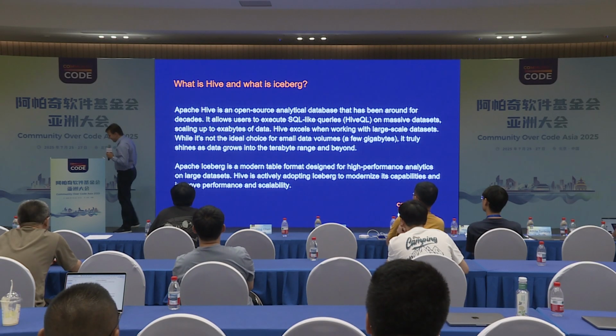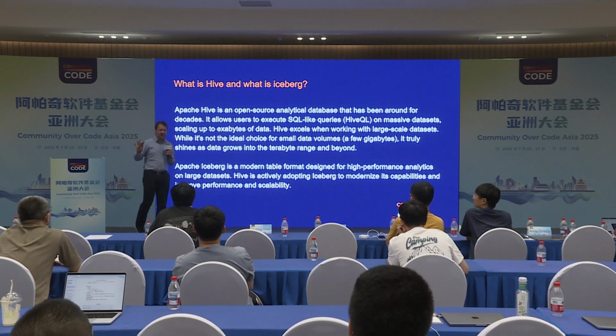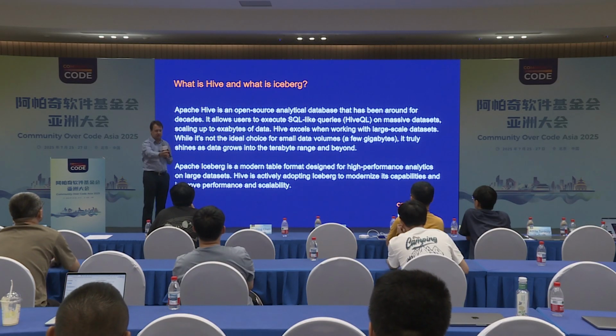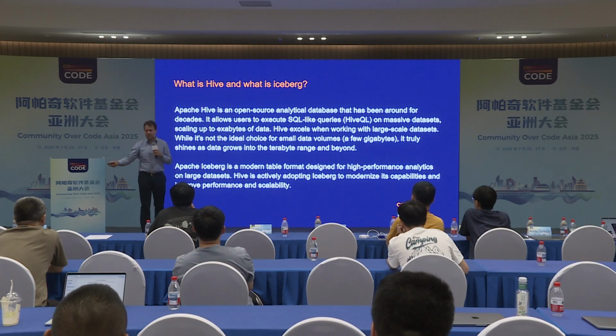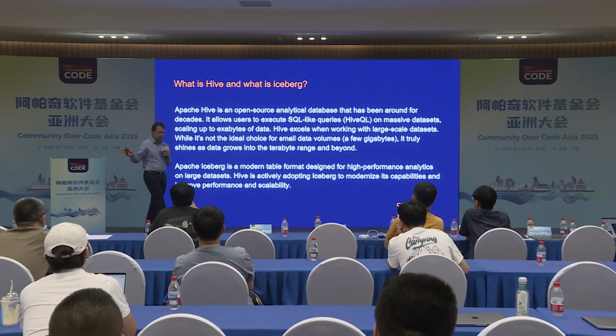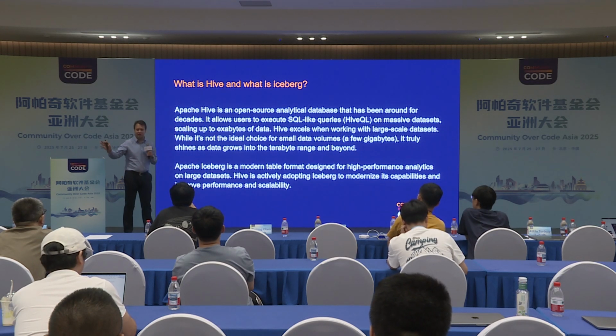Before we define what branching and tagging is, let's talk about an engine. I won't talk about Apache Iceberg because in the last 3 days you already heard many things about it. Hive is still on the market.